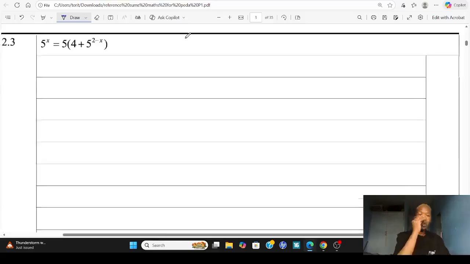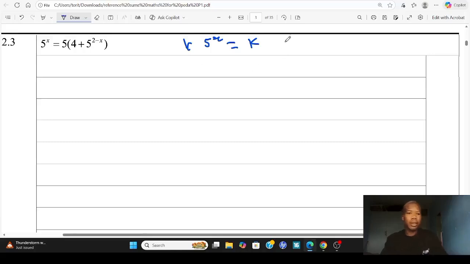Usually when we use the k method, we only have to substitute. So let us proceed by saying let 5 to the power x be equal to k. It makes our work easier.